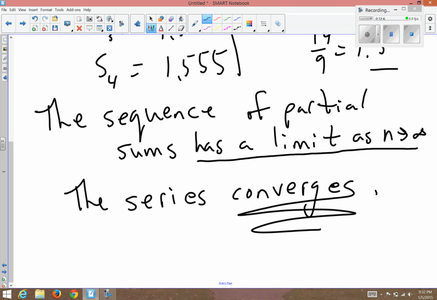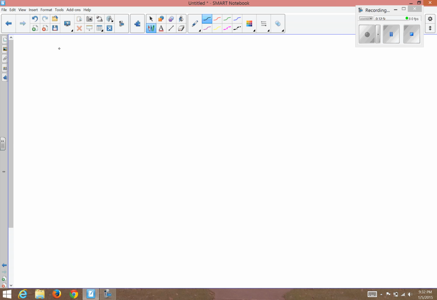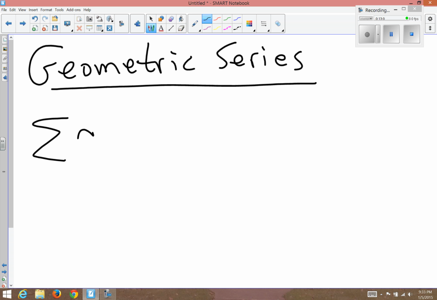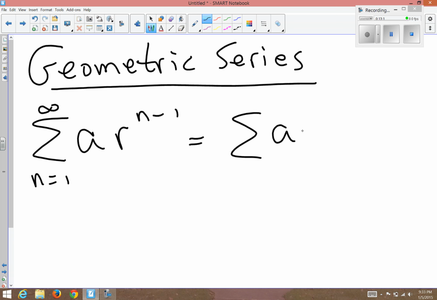Now we're going to talk specifically about geometric series. The geometric series looks like this: sigma a times r to the n minus 1, n starting at 1 and going to infinity. Or sometimes you'll see it like this: sigma a times r to the n, where n would start at 0 and go to infinity.